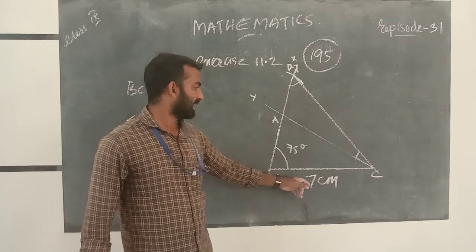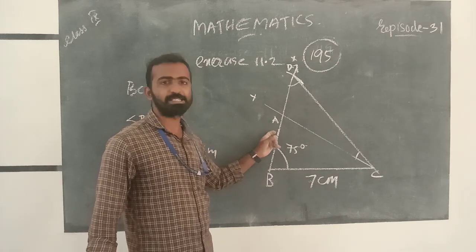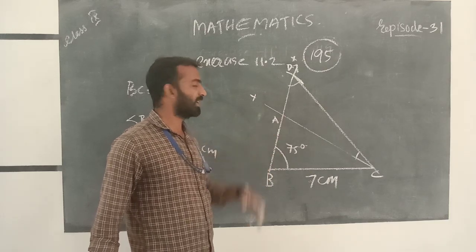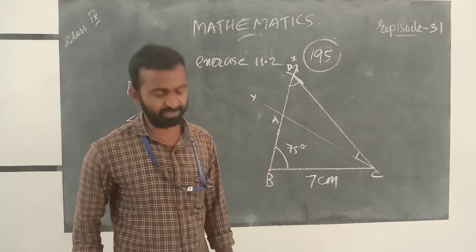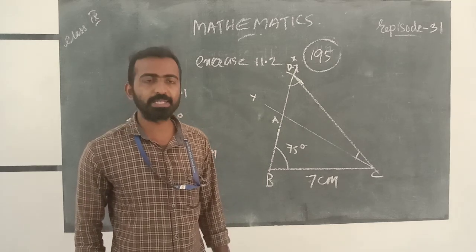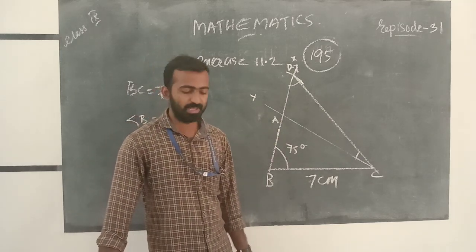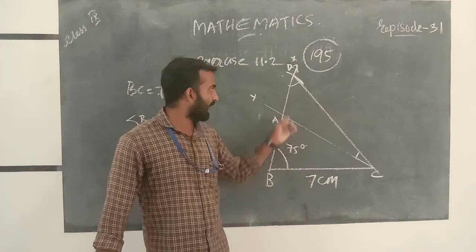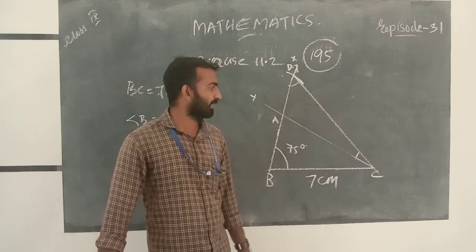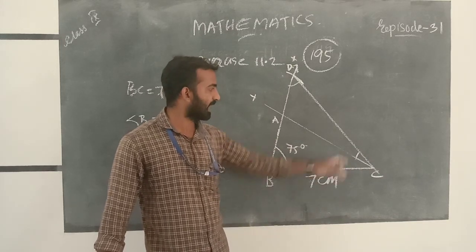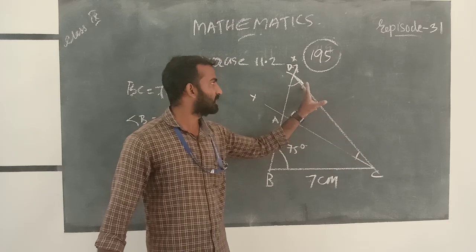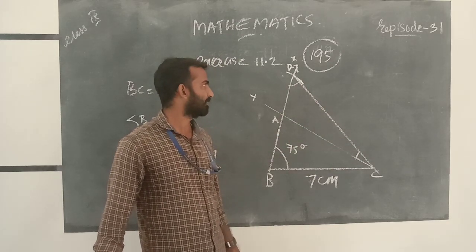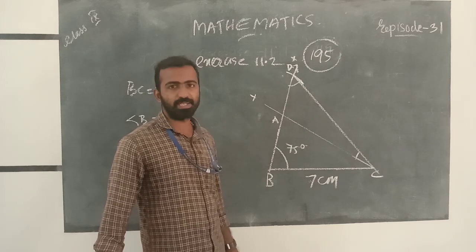This is 7 centimeters and this is 6 centimeters. So after B, we can cut AB as 6 centimeters. And next we make this angle and this angle equal. Then we get CX.